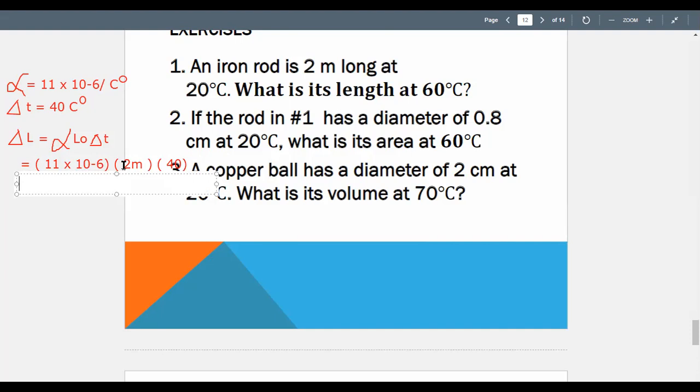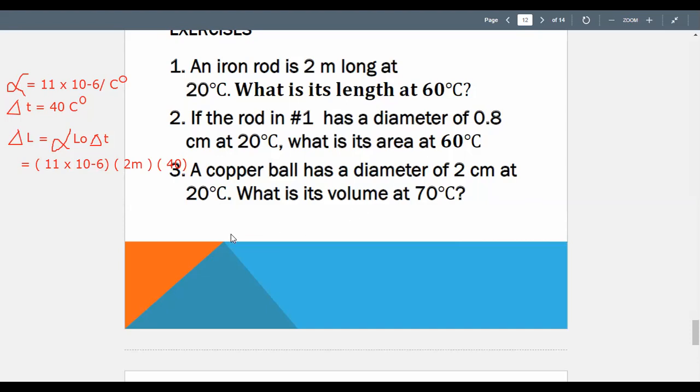So our value is how much? Are you there? 10 raised to negative 6, sir.